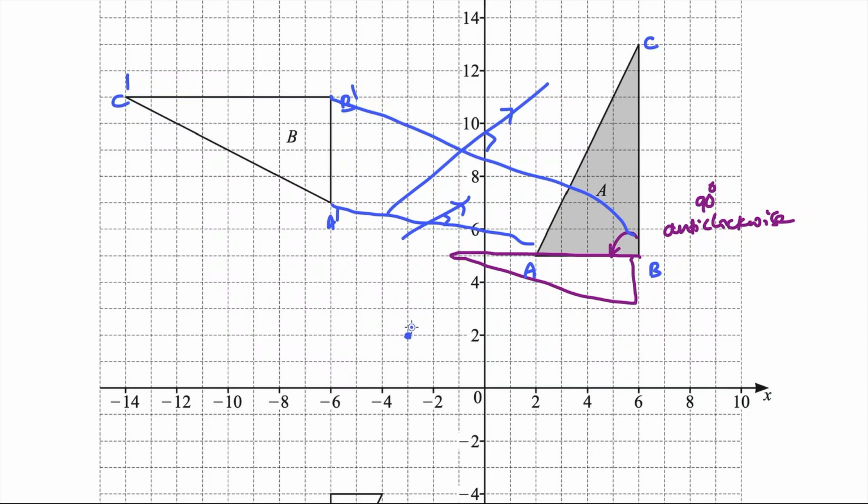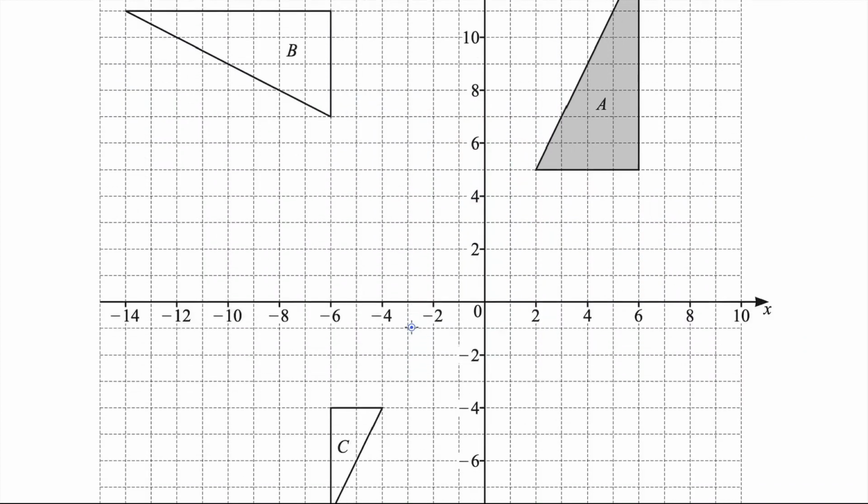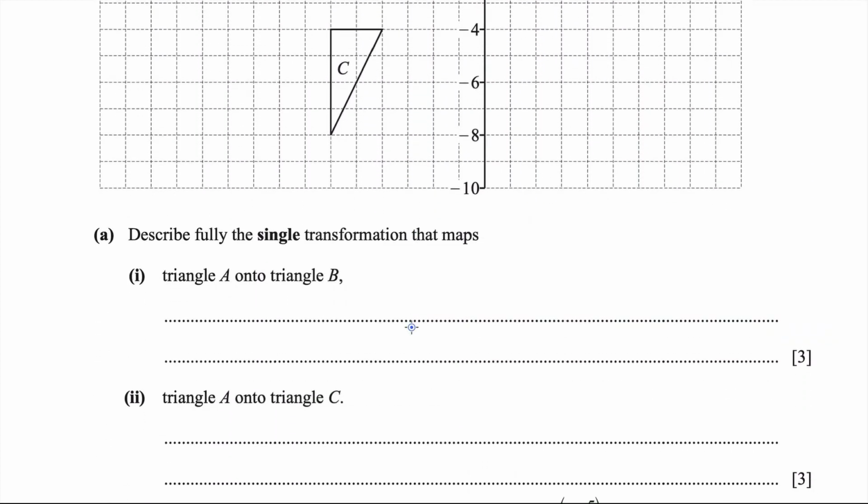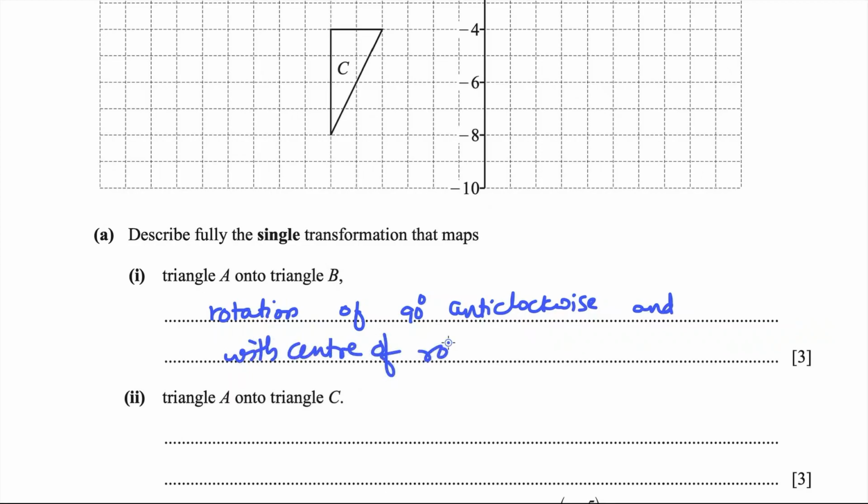Finding the center of rotation is very difficult because the picture becomes a lot bigger and there are so many things that you need to do. So the single transformation in this case is a rotation of 90 degrees anti-clockwise, with the center of rotation at, like I haven't shown you exactly, but that is what you do.